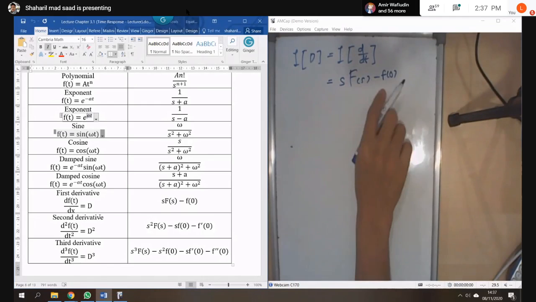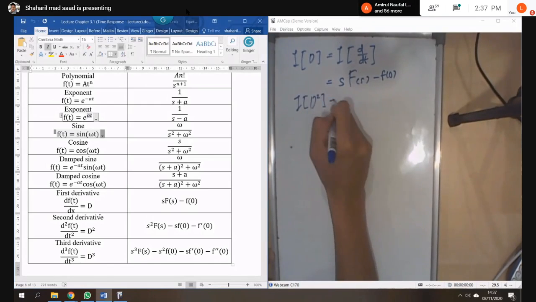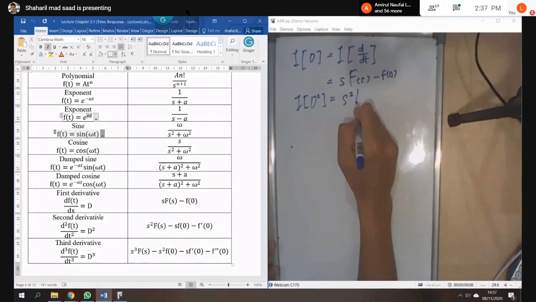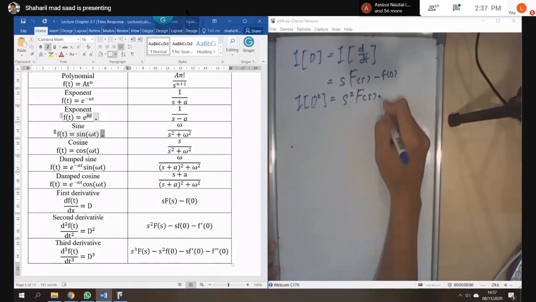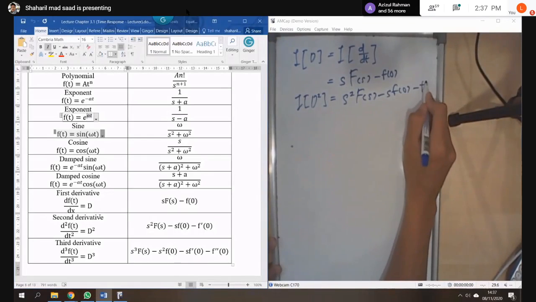We will see into that. So when you Laplace d squared, it is equal to s squared F of s minus s f of 0 minus f dot of 0.